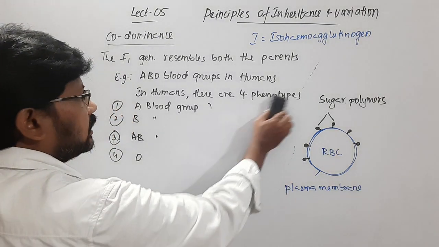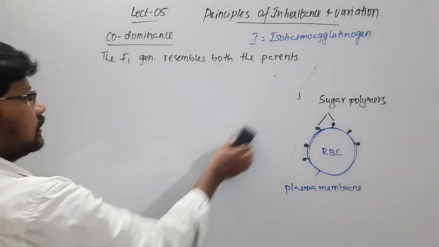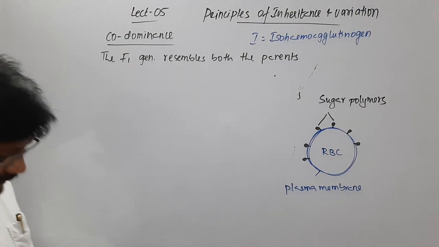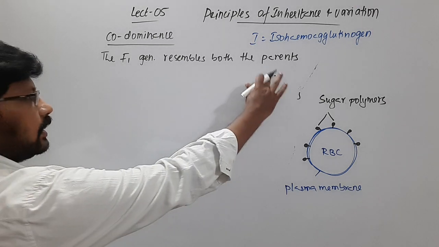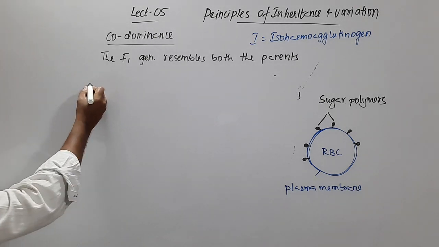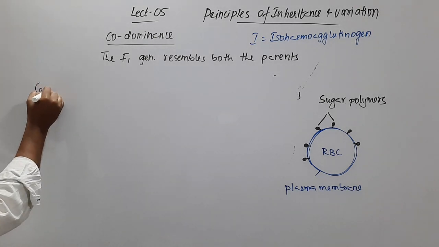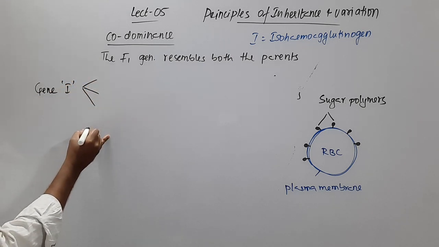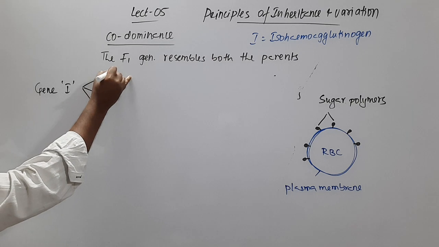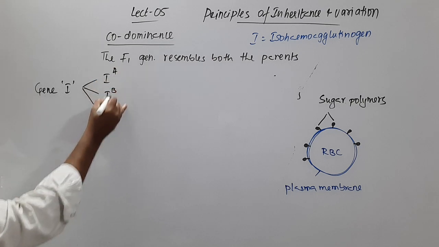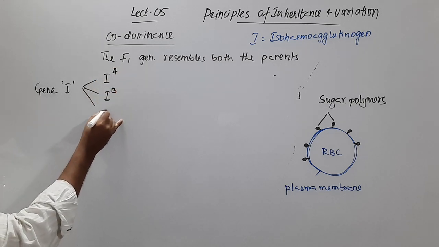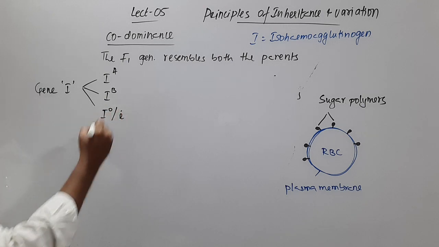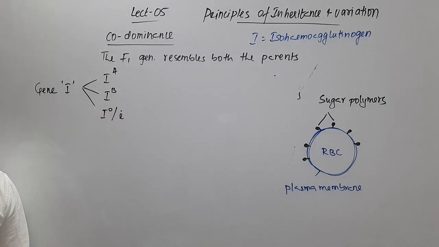So now this gene has alleles. So the gene I has three alleles. That will be IA, IB, and IO, or I'll mention it as a small i.